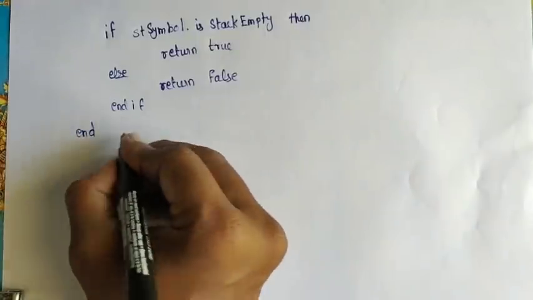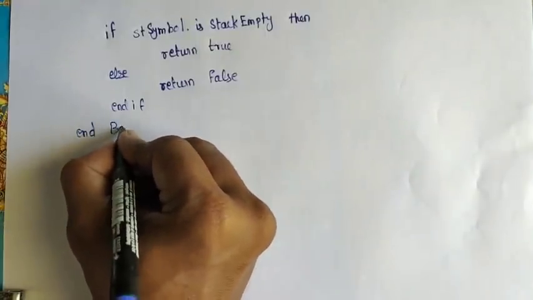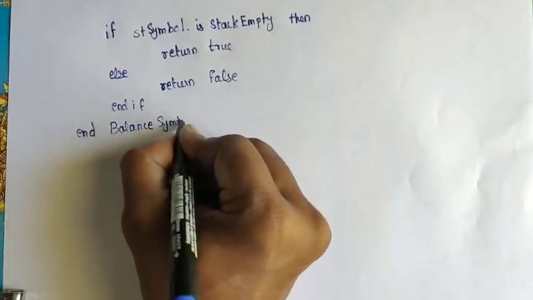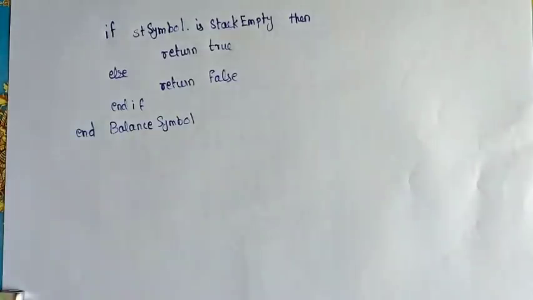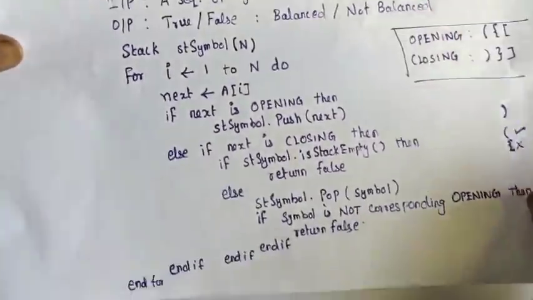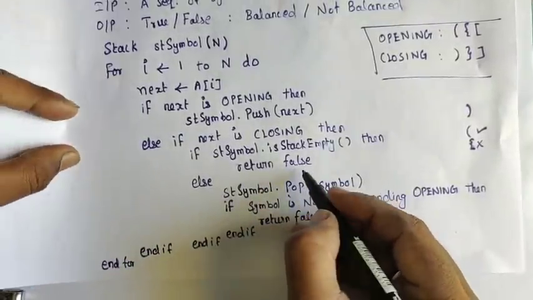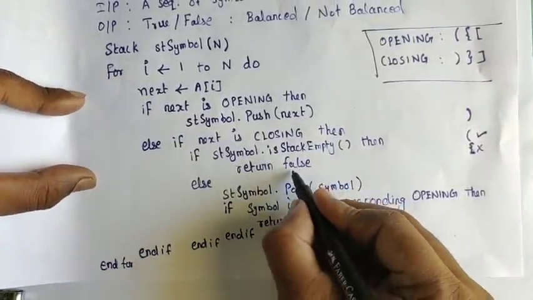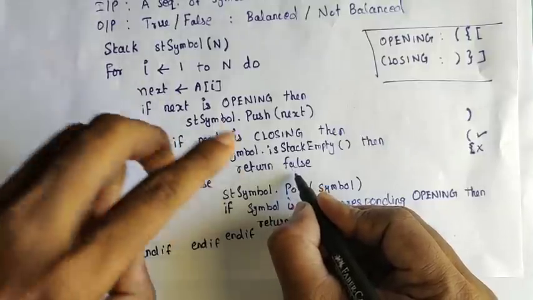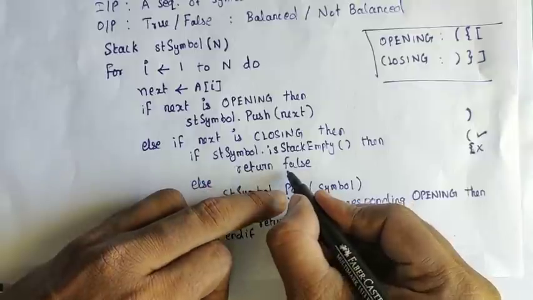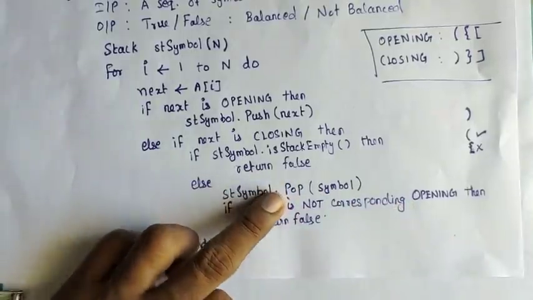So end balance symbol algorithm. Okay, so these are the three possible cases where the symbols do not get balanced. One is whenever we encounter the closing symbol, by the time the stack is empty, it is not balanced.